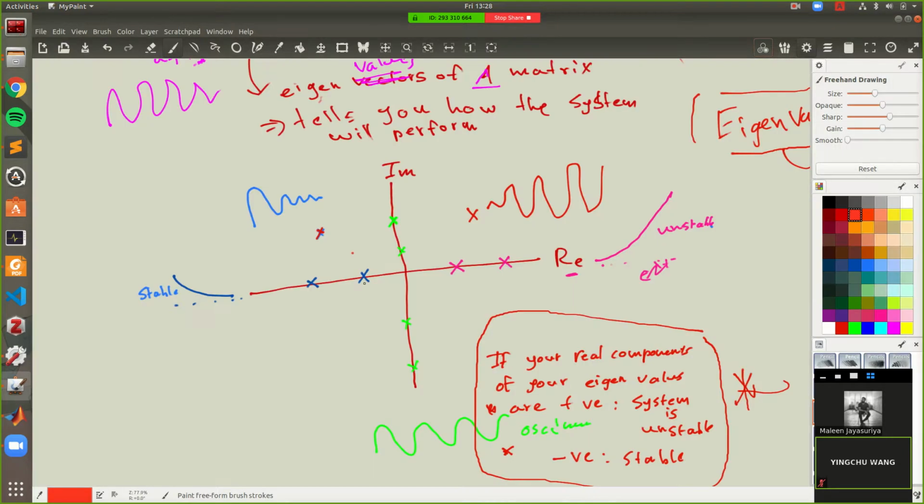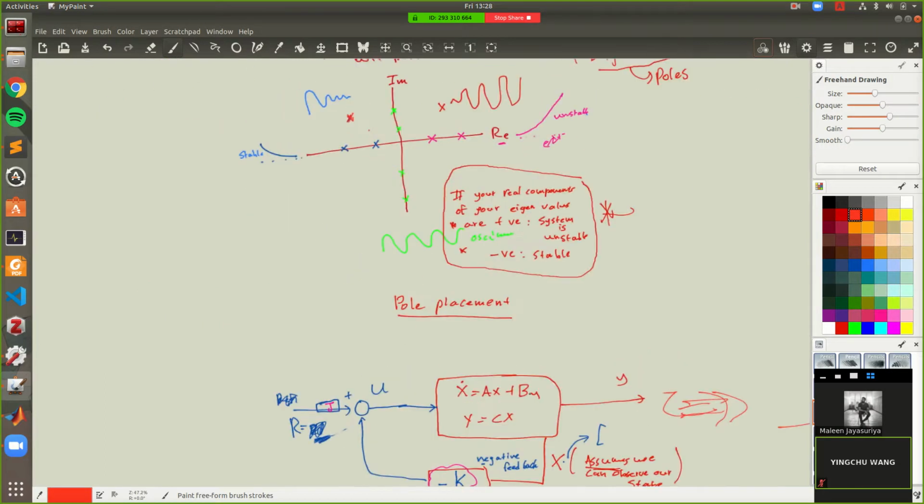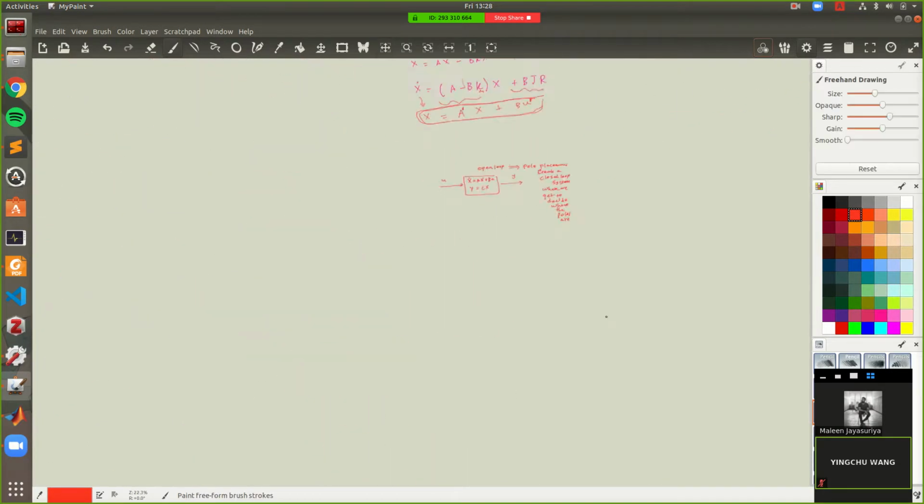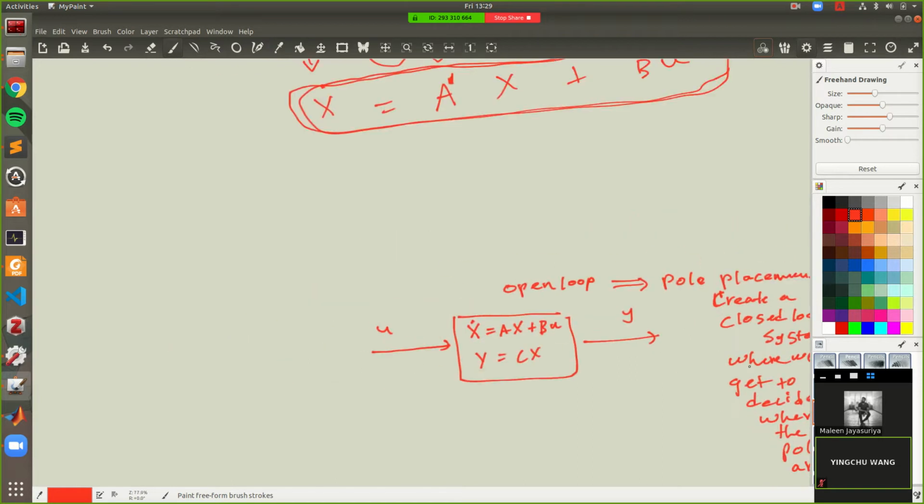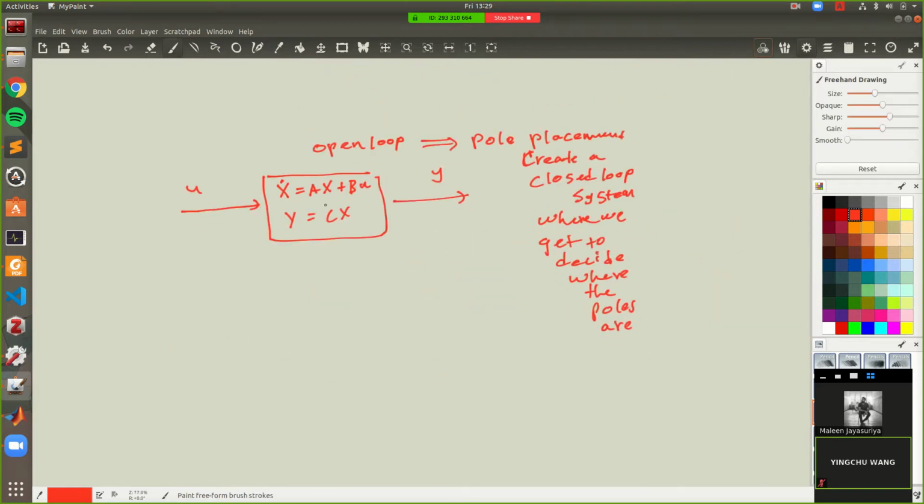If it was unstable, we get to make it stable. Let's say we want it to be stable and oscillate, then we can place the poles here. Basically, we want control over where we place the poles, rather than being at the mercy of the system, right? So the idea is, how do we alter this open loop system, create a closed loop system, so that we can affect this A matrix, is the question.